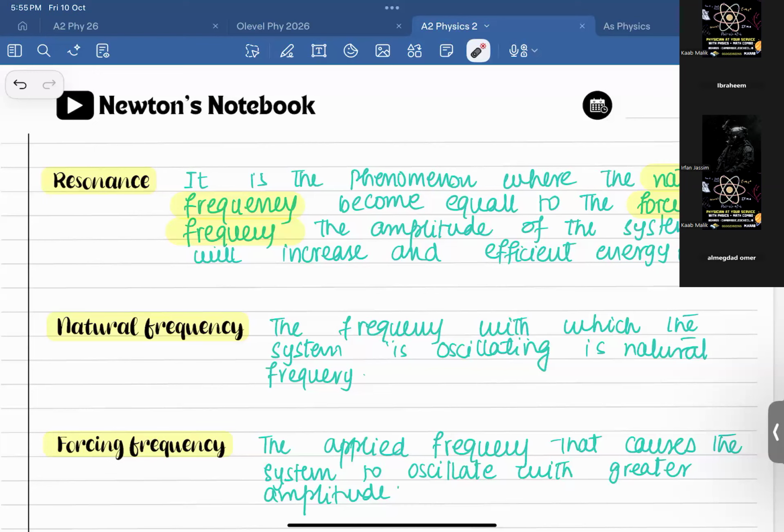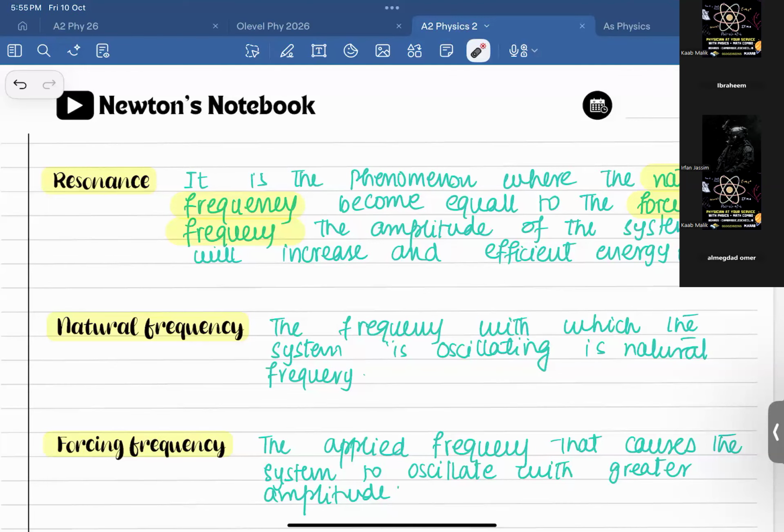Now, the forcing frequency, on the other end, is basically the frequency that you apply on the system, right? And as soon as you apply the frequency on the system, the system will start moving or start doing efficient work or energy transfer, right?